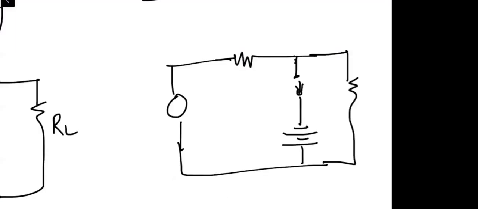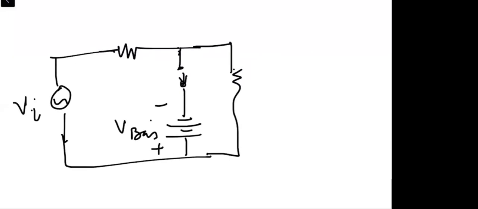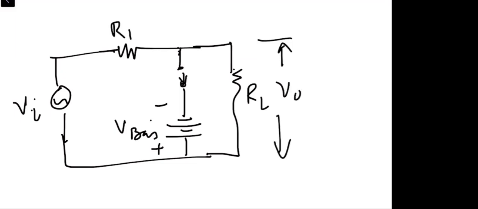And because V bias is a potential, this is the negative side and this is the positive side of the V bias. VI, and we are taking the output across RL as usual, right? And we have R1.